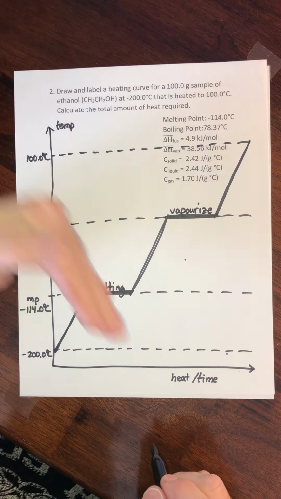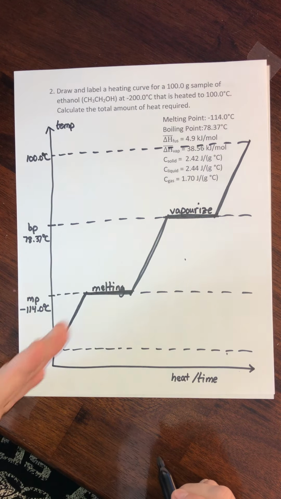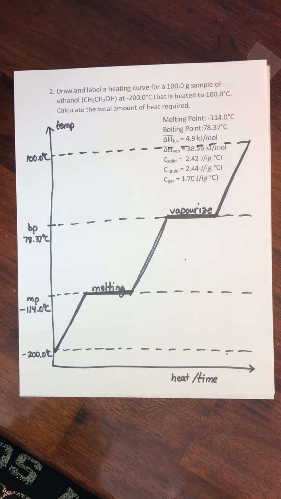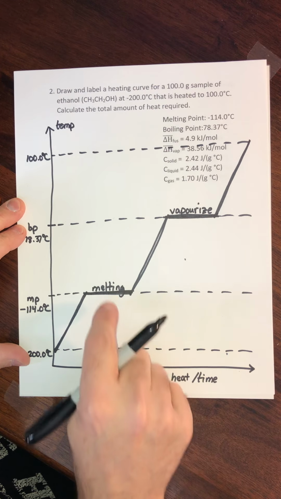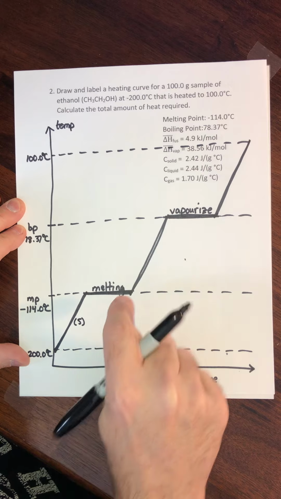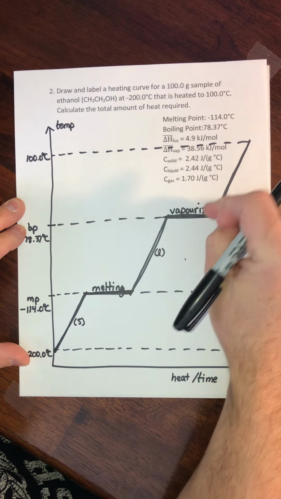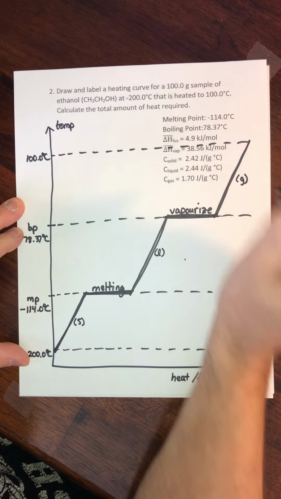On the way down, it would be condensation and solidification, but if you're raising the temperature, it's melting versus vaporization. Now, if we label solid, liquid, and gas: if you're under the melting point, you are a solid. If you're above the melting point, you are a liquid. And if you are above the vaporization, then you are a gas.